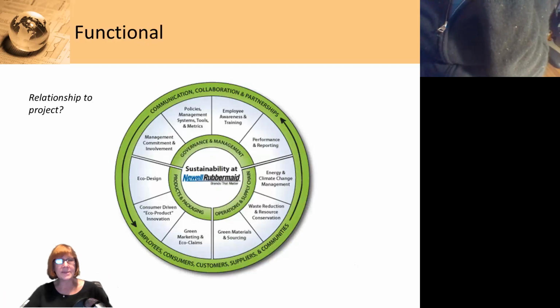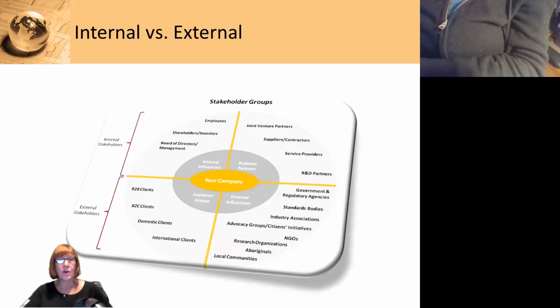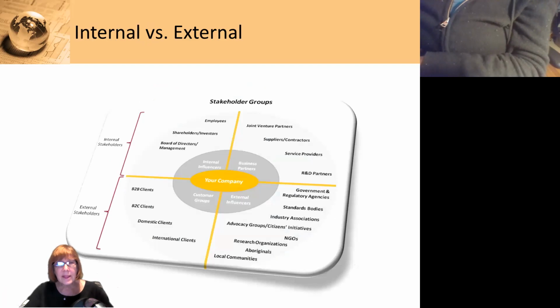So you can organize it in a functional way. This one is done with governance and management, operations and supply chain, and products and packaging. Or you can organize it in internal versus external. This particular one shows the internal influencers and the internal business partners, and then the external, the customer groups, and the external influencers.